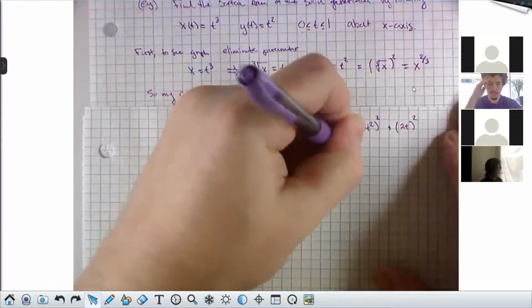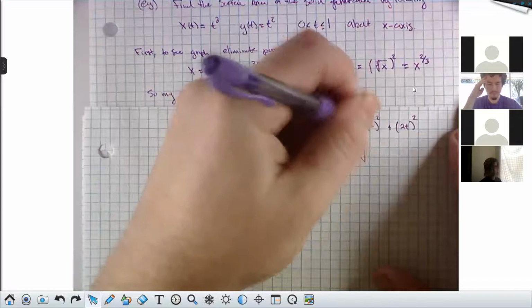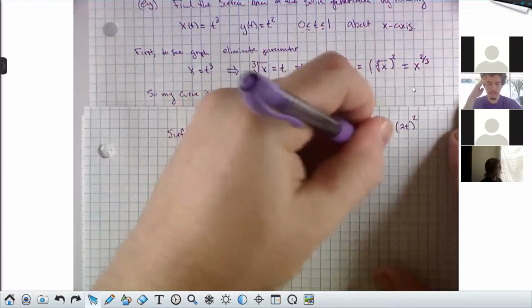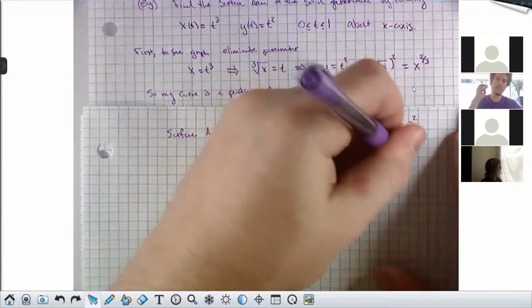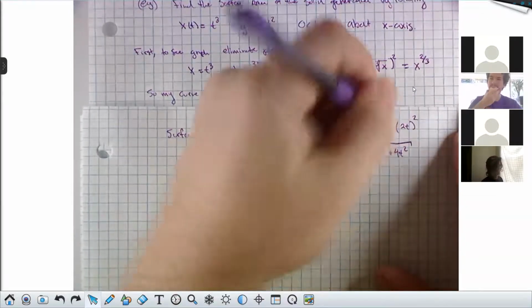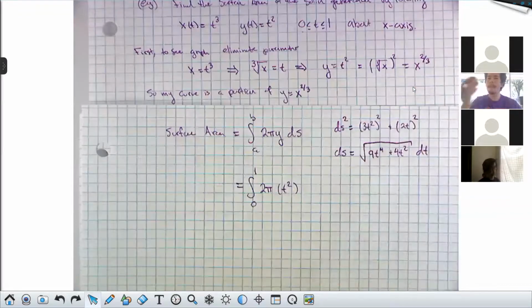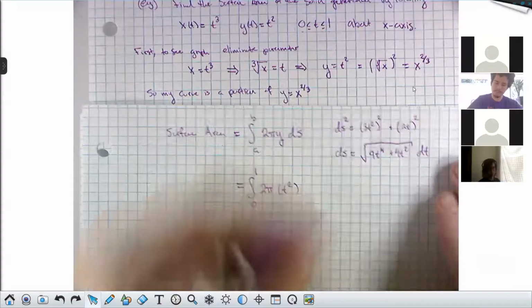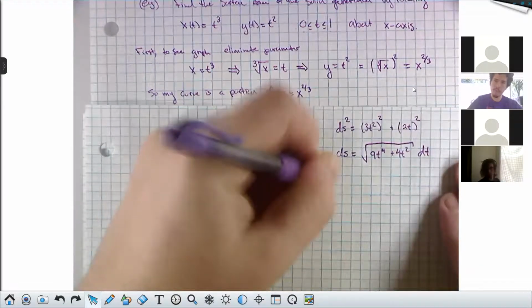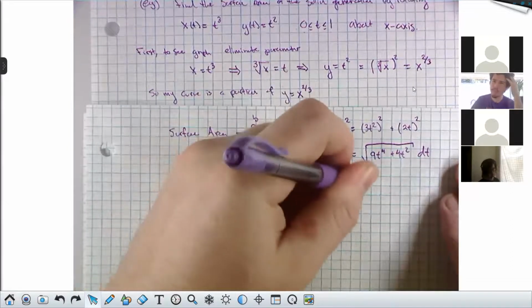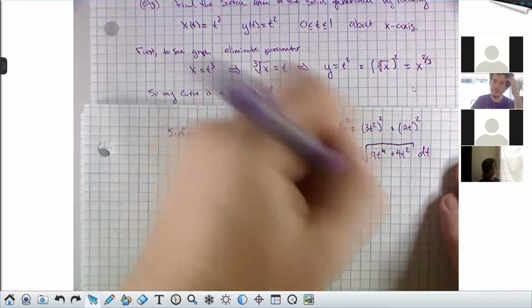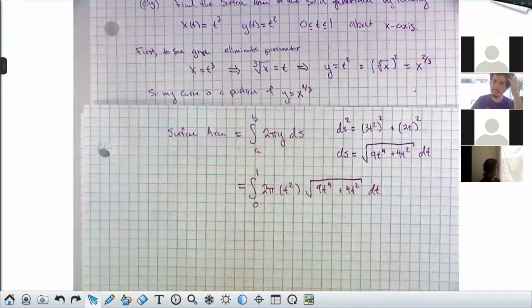So my ds is going to be the square root of 9t to the 4 plus 4t squared times dt. So that's what goes in here. And this is my surface area integral.